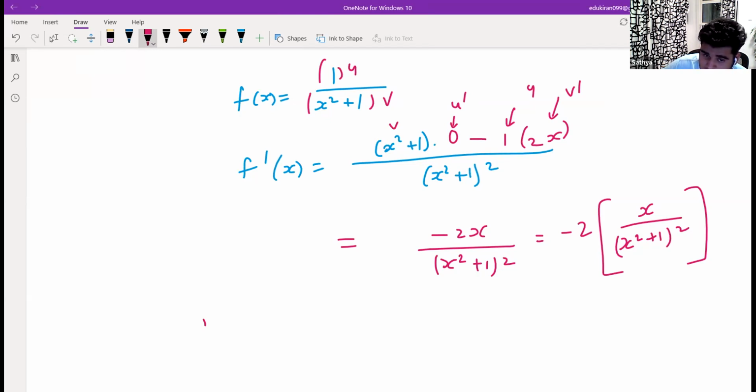Can we open the bracket inside, or should it be in square, because we have a square again, right? No, no, you don't need to open the bracket.